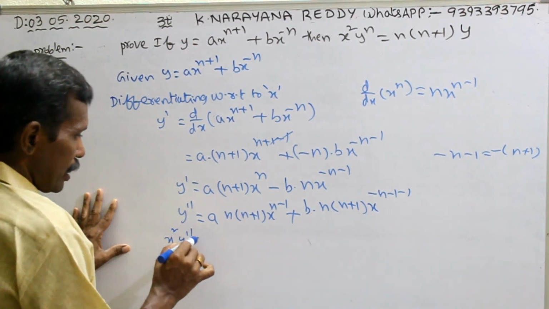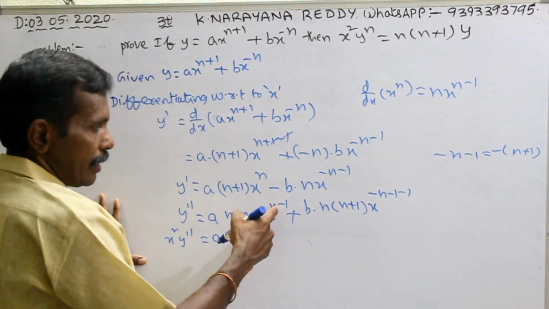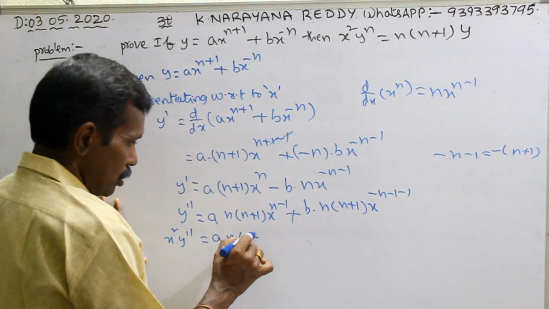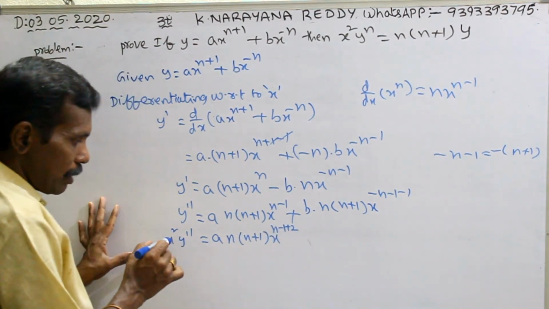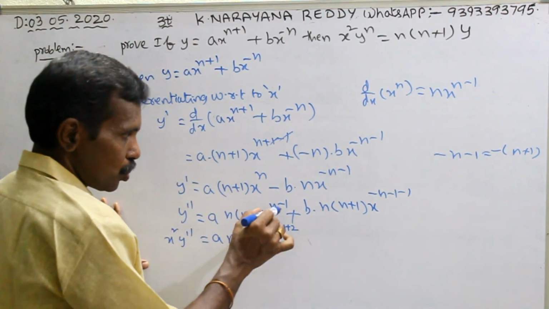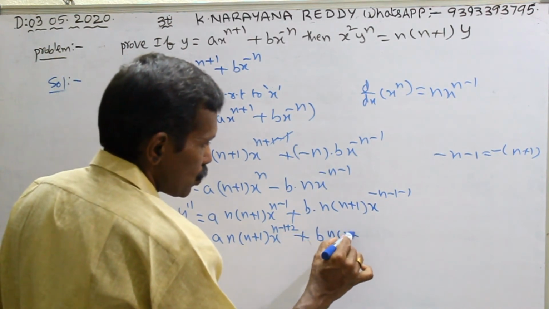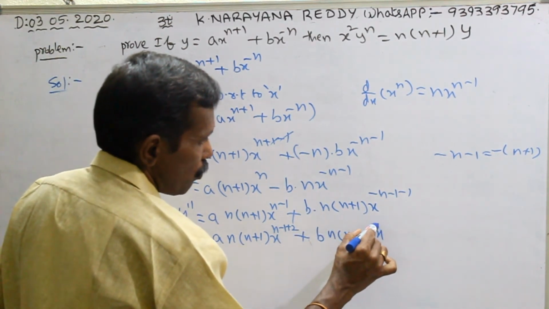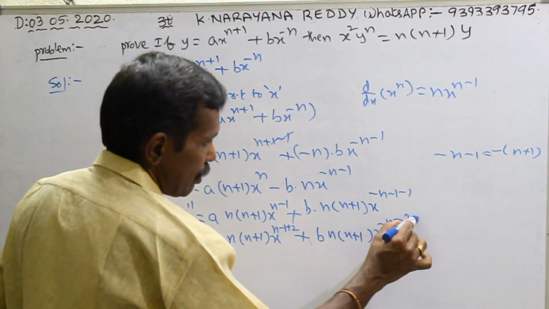Now I will multiply by x square on both sides. x square y double dash: a into n into n plus 1, x to the power of n minus 1 plus 2, because I am multiplying with x square. Base are equal, exponents must be added, so plus b n into n plus 1 x to the power of minus n minus 2 plus 2.